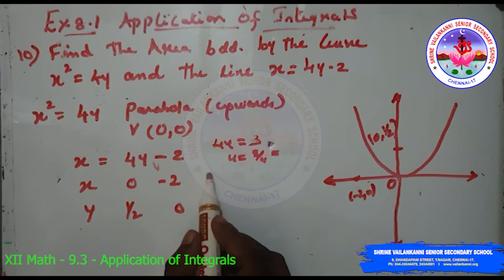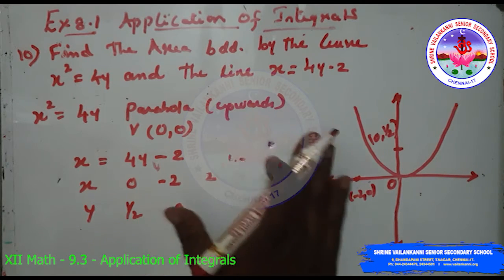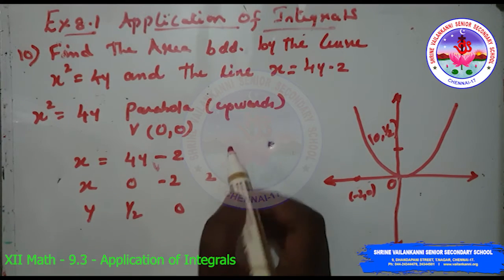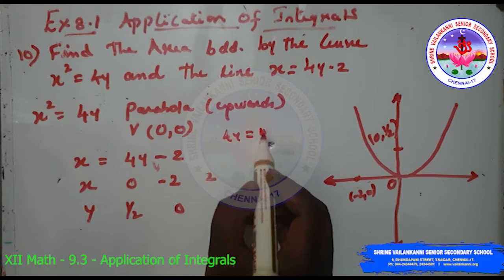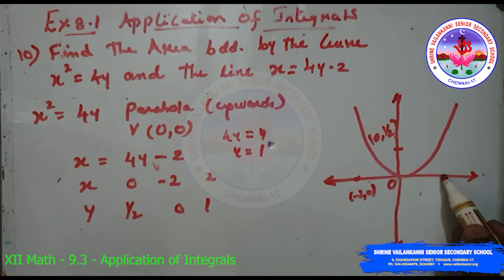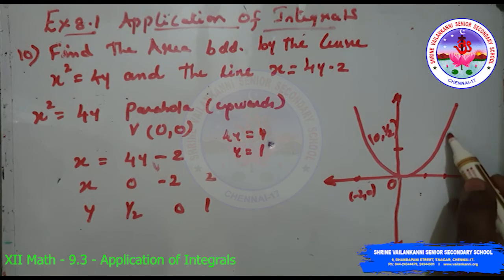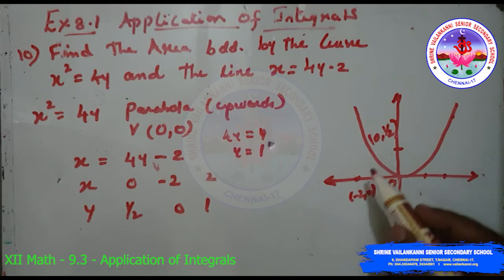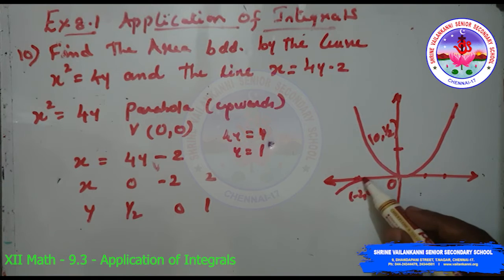When x is 2, then 4y minus 2 equal to 2, 4y equal to 4, then y equal to 1. So when x is 2, y equal to 1.